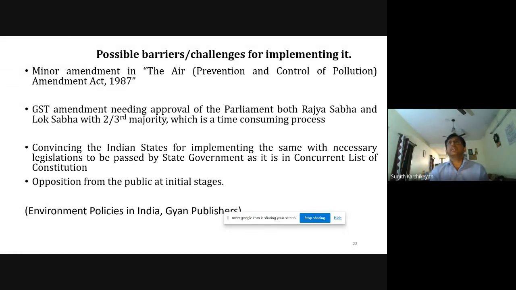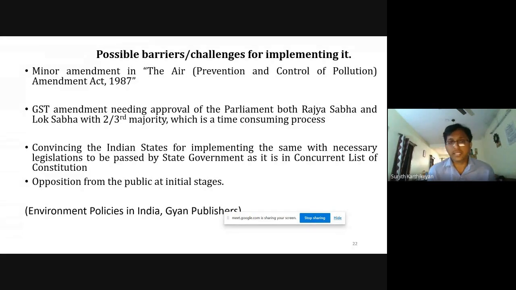GST collection would be at the consumption level. So some sort of compensation should be there, in the sense that the amount should be used for environmental friendly technologies. So automatically the producing states would be benefited.